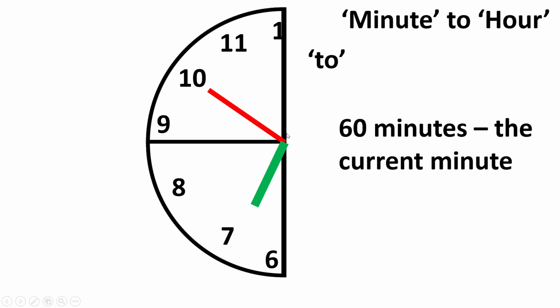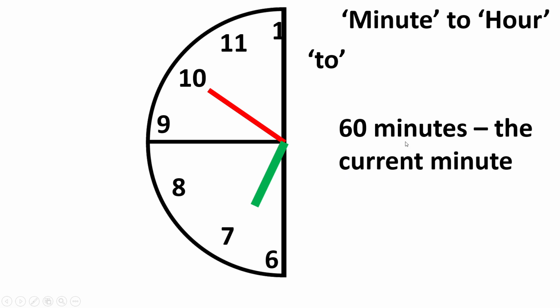We do this because we know that 60 minutes equals an hour, and we want to find how many minutes are left until the next hour will begin. We know that the minute hand points at the current minute. So if we do 60 minutes, take away the current minute, we will find how many minutes are left until the next hour will begin.